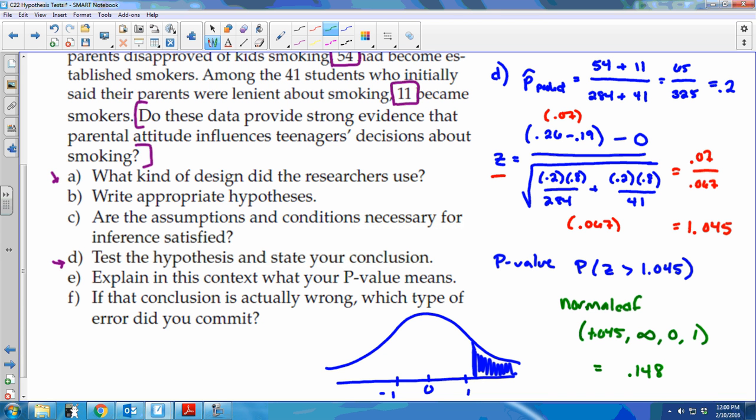So if it had said alpha equals 0.05, you want to directly relate that to the alpha level. You want to say the p-value of 0.148 is greater than the alpha level of 0.05. You don't have that right now, so you can just say it's high or it's large. Okay? Because it's large, what do we do? We fail to reject the null hypothesis. You just say what you're failing to reject. You're failing to reject the null hypothesis.